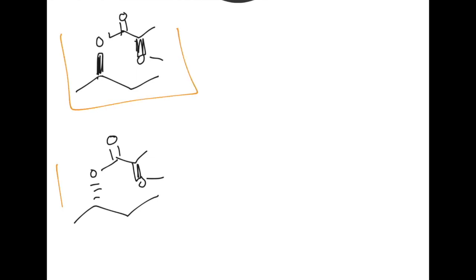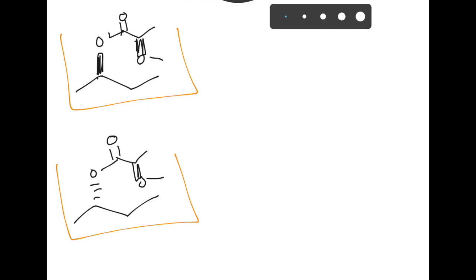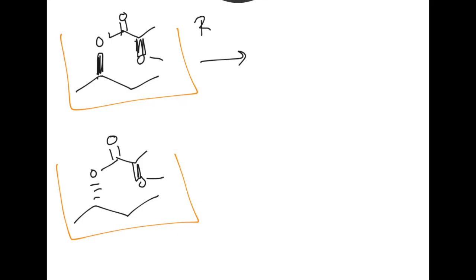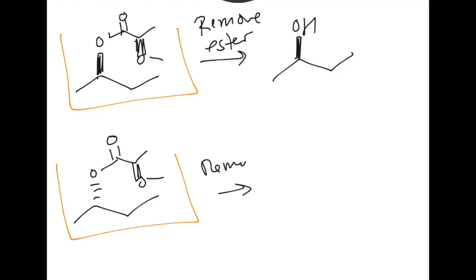This guy's up here in a flask, this guy's here. They're not mixed anymore, right? We want to get back to the alcohol. So you have to have some way to remove the ester and get back to the alcohol that you wanted. Right? Again, and they're still in their own little flasks.